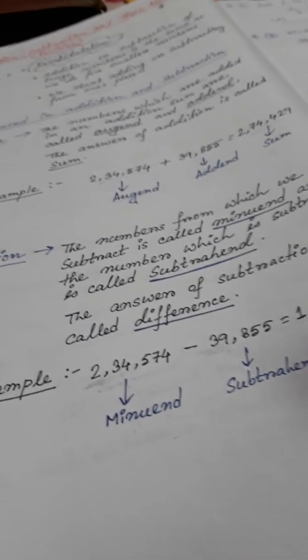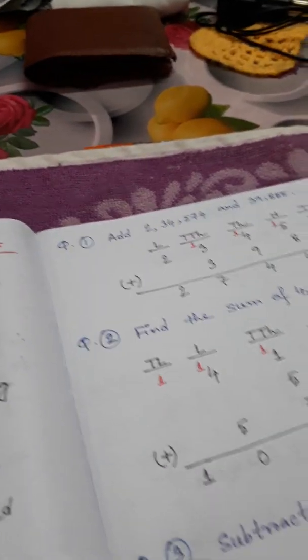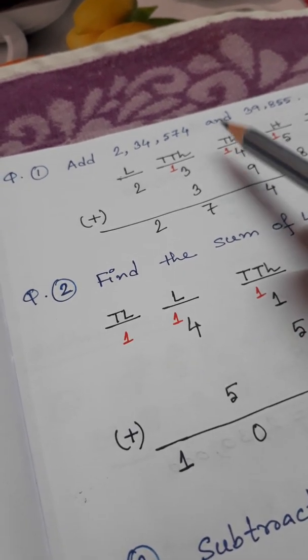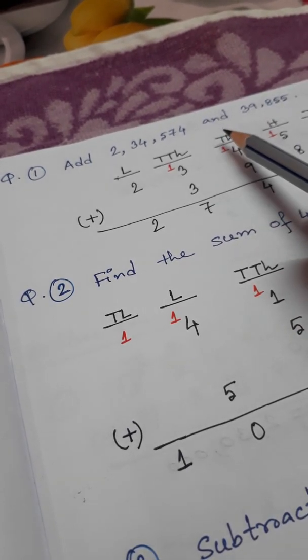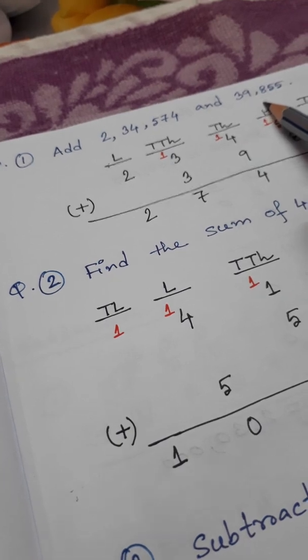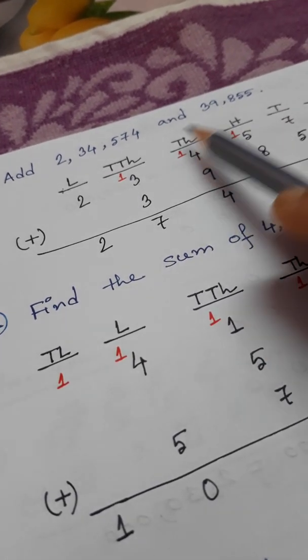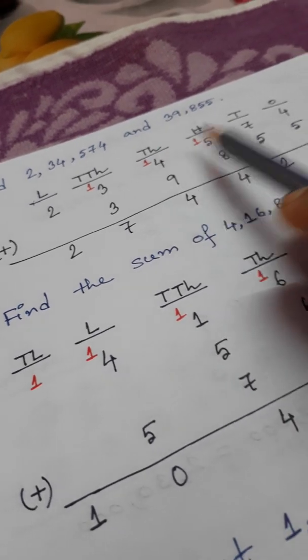And this is another example. See, 2,34,574 and 39,855. As I told you before, you have to write those numbers in the place value chart.